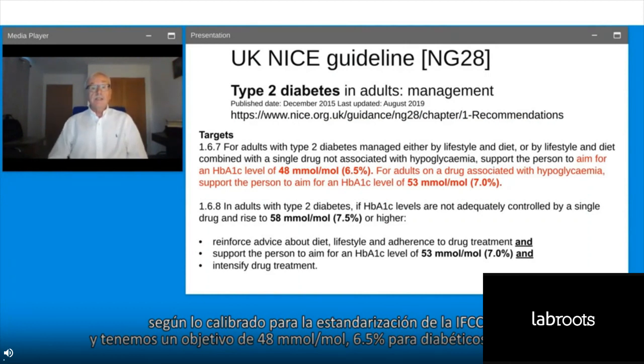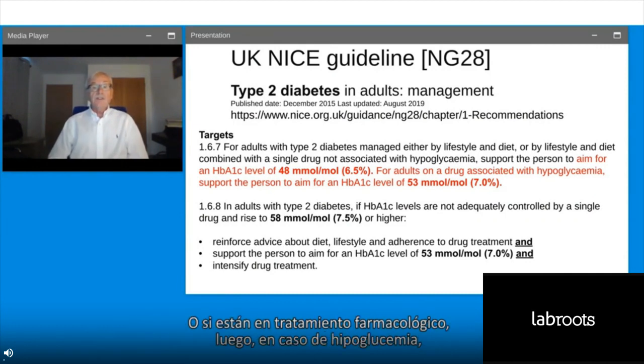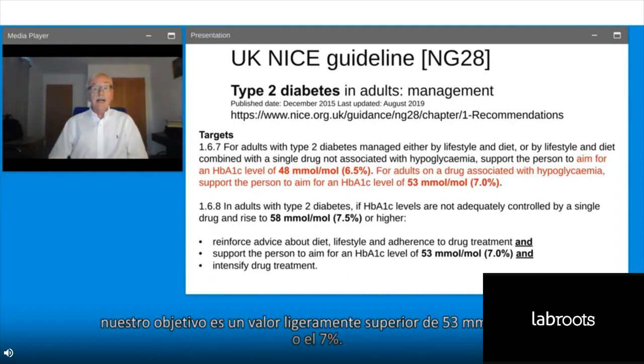And we have a target of 48 millimoles per mole, 6.5%, for type 2 diabetics as a whole, or if they're on drug treatment, then because of the risk of hypoglycemia, we aim for a slightly higher value of 53 millimoles per mole, or 7%.